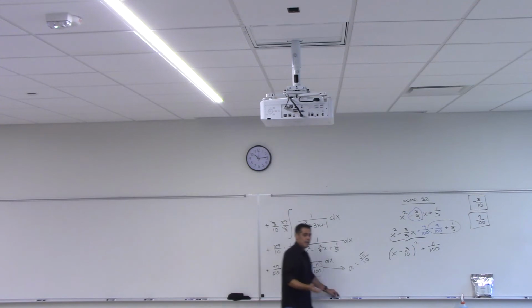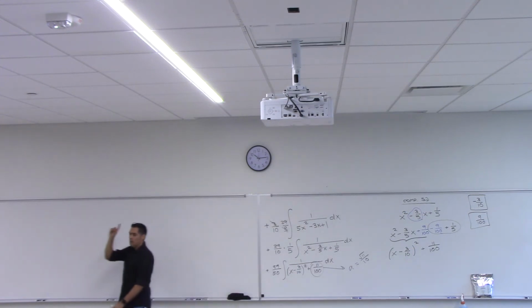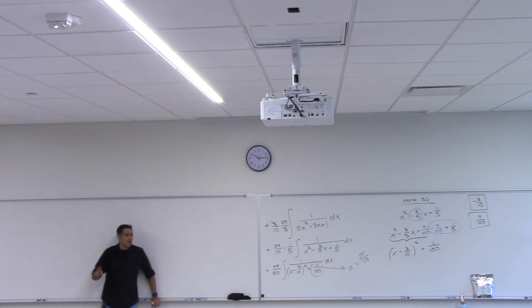So let's do one. You ready? So I want to recap. Constant over linear, we're good. It turns into natural log. Constant over repeated linear, we're good. It's not log, but powers, right? What was next? Constant over quadratic, that was missing x term.